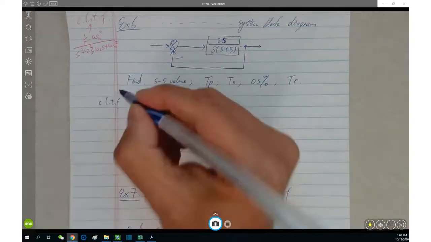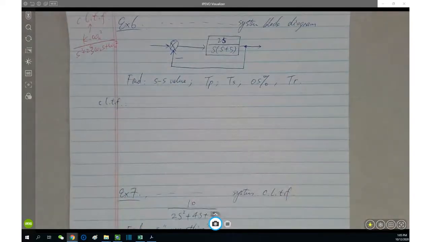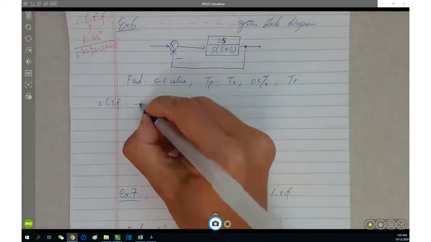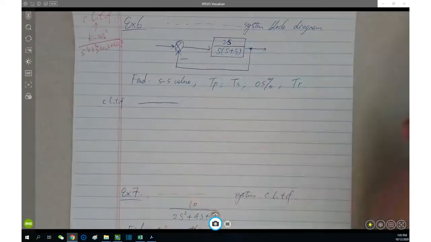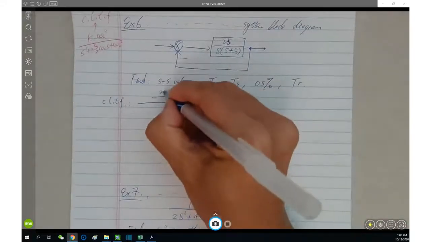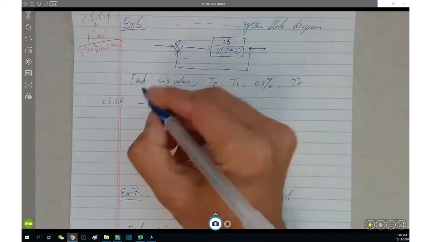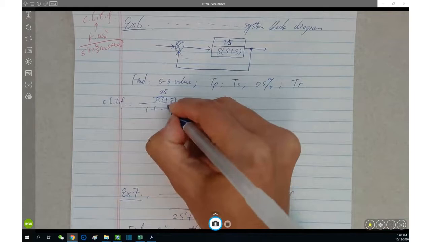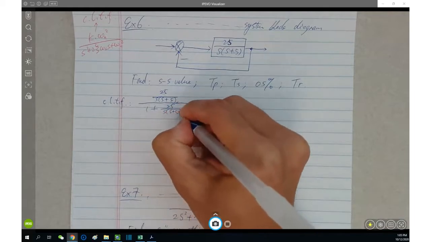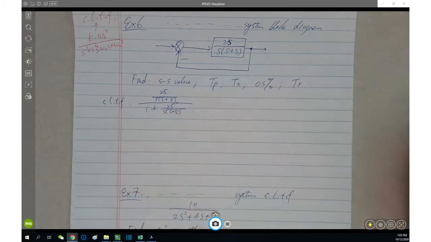That's why Sawyer told us to do the block algebra first. According to which, what is the closed loop transfer function of this system? This is the closed loop transfer function, right?